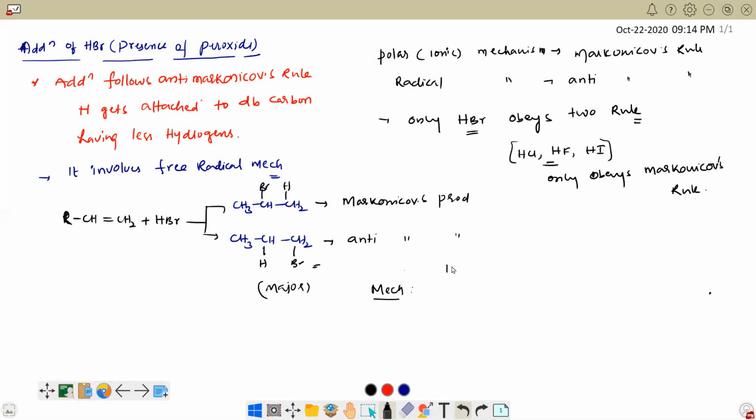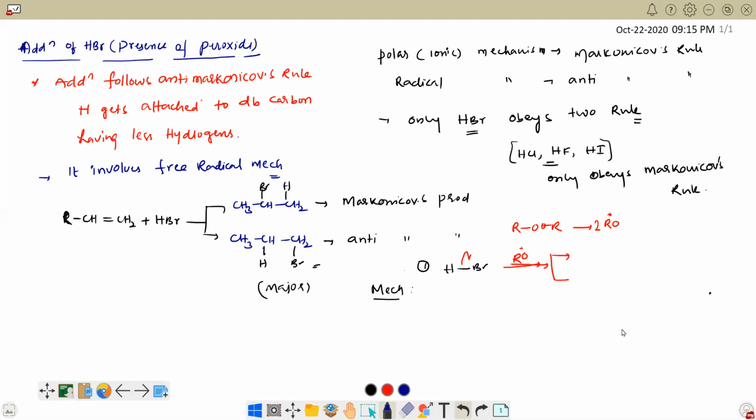Mechanism. First step, I'm writing here: hydrogen bromide undergoes homolytic cleavage in the presence of a radical. Peroxide, ROR, will undergo cleavage. You get RO radical, 2 moles, where one peroxide I'm taking. Now we again have two options. We discussed this in the free radical substitution reaction.